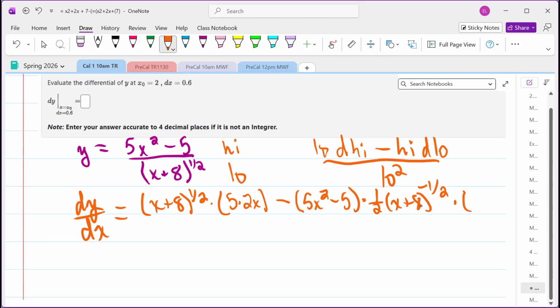The derivative of x plus 8 is 1 plus 0. And then all over the square root of x plus 8 squared.